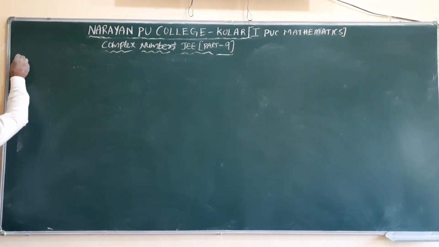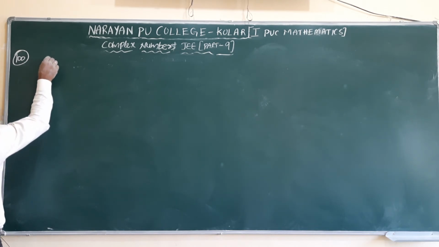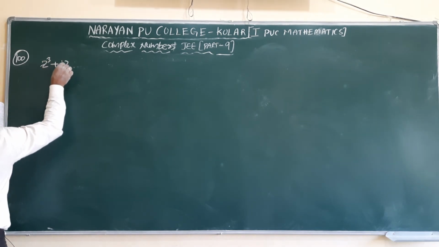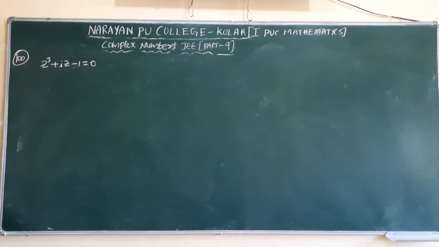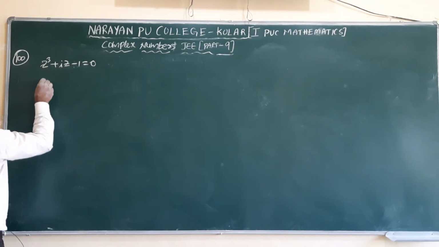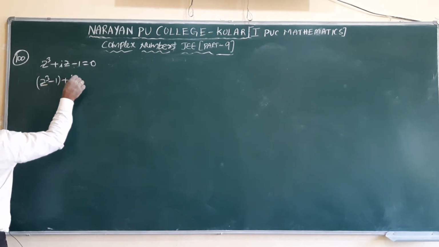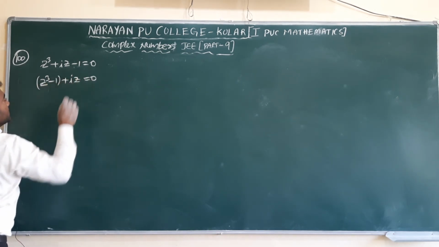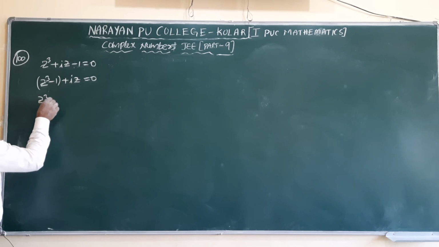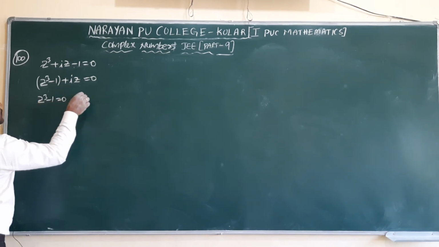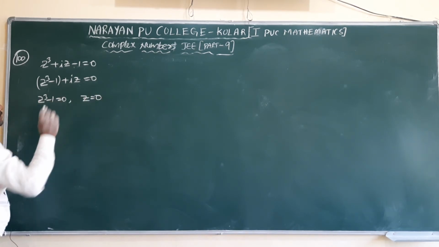Question number 100. The equation z cube plus iz minus 1 is equal to 0. Writing it as z cube minus 1 plus iz is equal to 0, and equating the real part and the imaginary part, z cube minus 1 is equal to 0 and z is equal to 0.